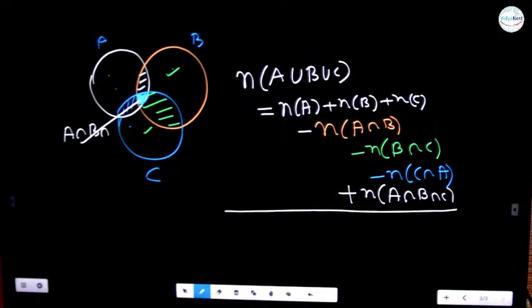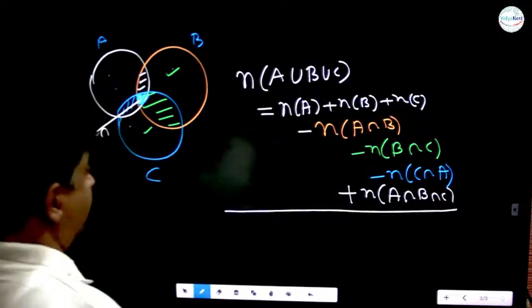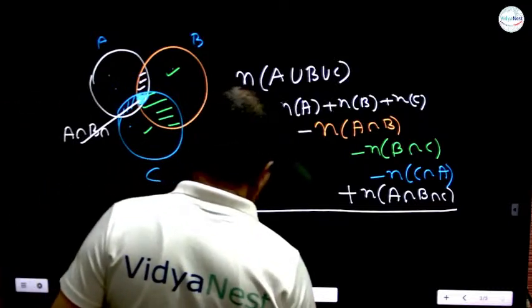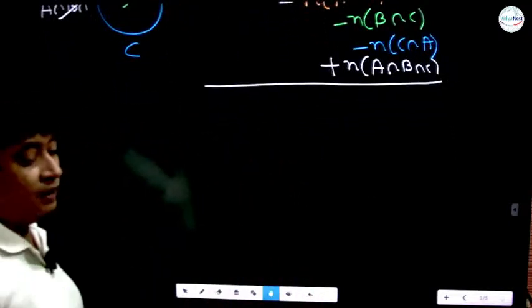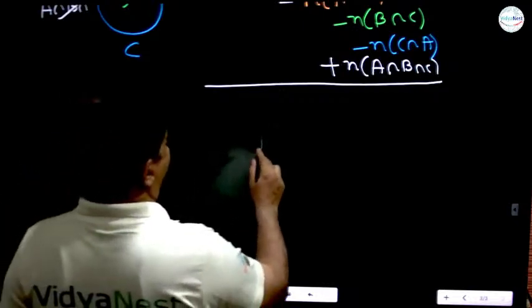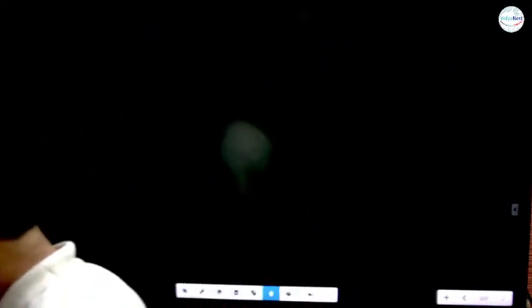Now, one sum related to this concept we will do now. It also came in the joint entrance exam in the recent past.